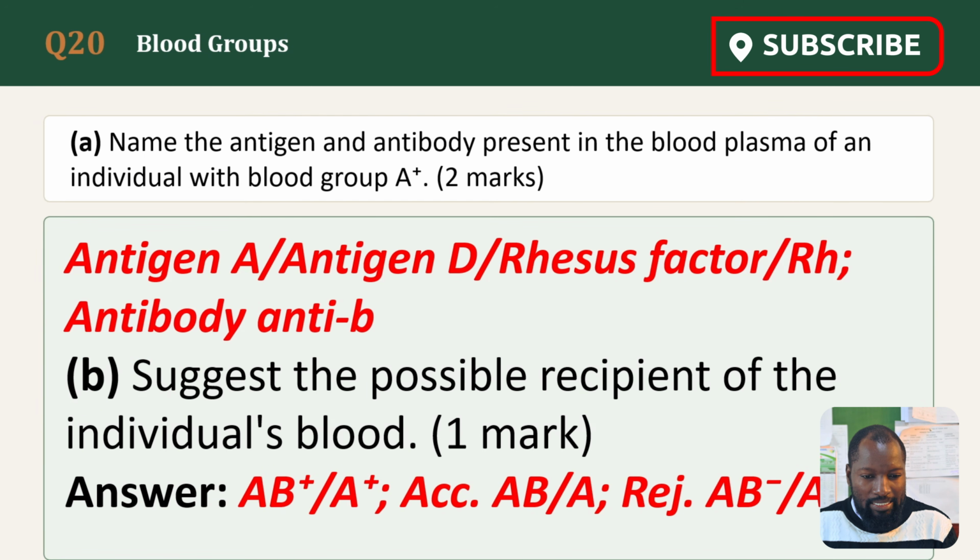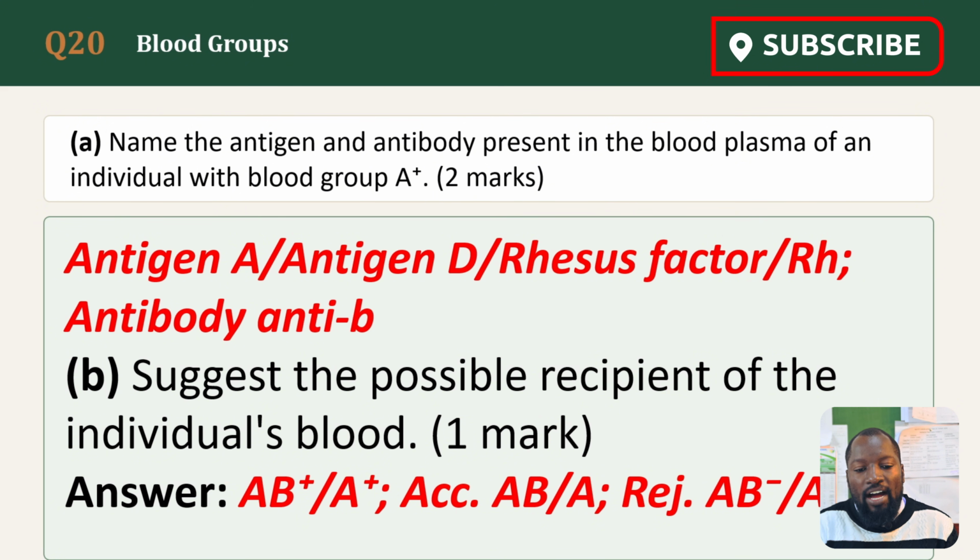Question number 20. Name the antigen and antibody present in blood plasma of an individual with blood group A positive. So A positive means that individual has antigen A, and that person has also antigen D. They have both antigen A and antigen D. Now antigen D is actually the rhesus factor.